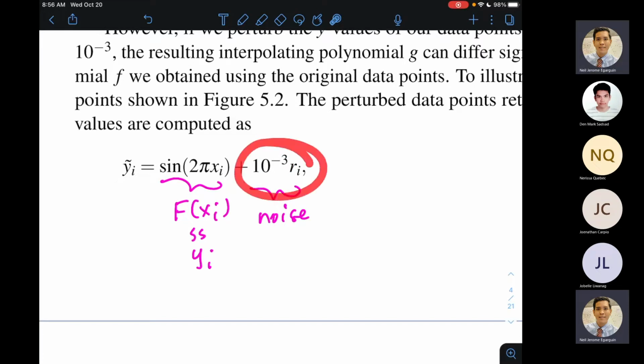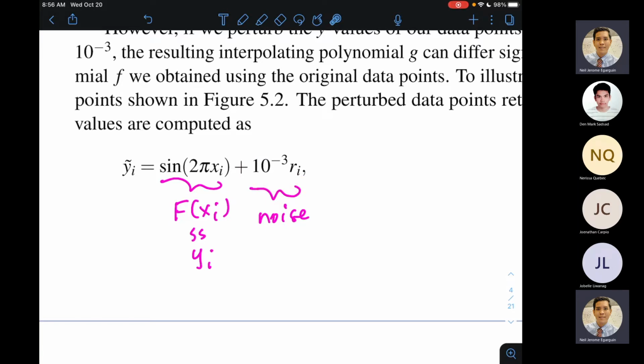So that itong multiply ko rito ay almost 10 to the negative 4, right? Because this is less than 1 times 10 to the negative 3. So this is about order 10 to the minus 4, which is small compared dun sa magnitude ng sine pi x. Kasi ito ay magnitude 1, ito ay order 10 to the negative 4, or you can say 10 to the minus 3 as well. So 2 orders lower than the actual function value. So mukhang maliit lang talaga yung epekto nitong added noise.